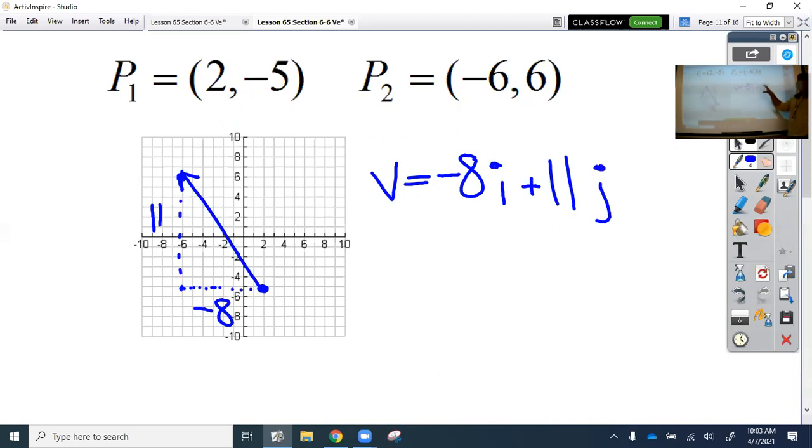This vector equation describes that line. Now I got a really good question first period. Somebody said, well, wait a second, if you take this vector and you graph it from 0, it's not actually in the same spot, right? And what you're gonna see as we do applications is that we do a graph so that we can do the math to it.